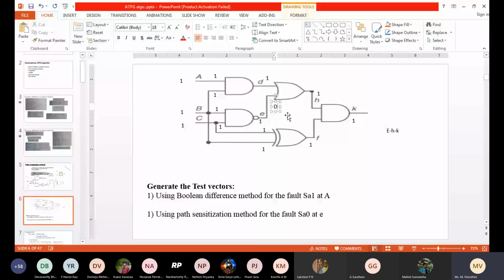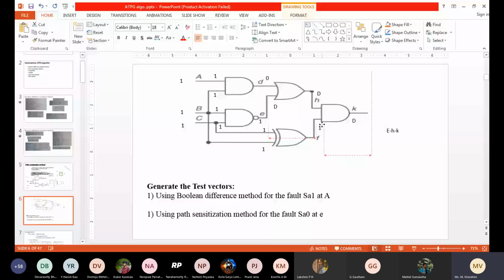Next I need to propagate the fault. This D, I need to take it to H. What should be my other input, small d? 0, because this is an OR gate, so this should be 0. Now this D, I need to take it to K. What should be my F if I want to take H to K?